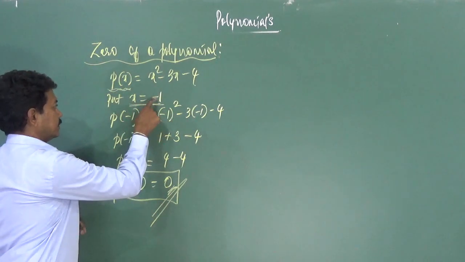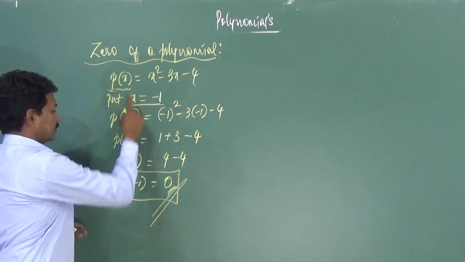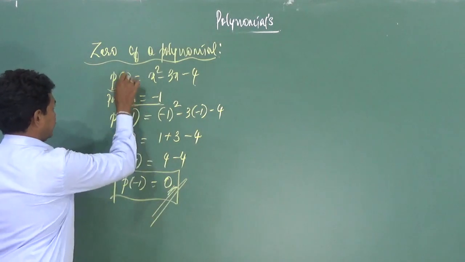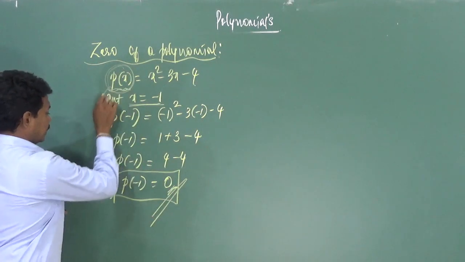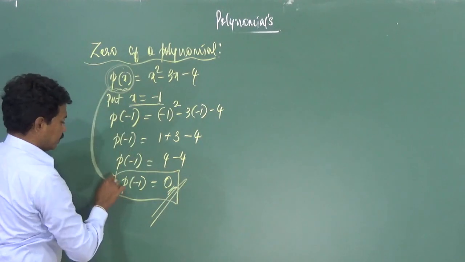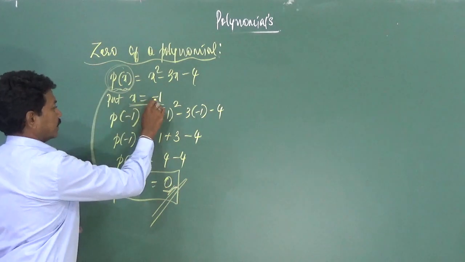This minus 1 made p of x become 0, because you substituted x is equal to minus 1.